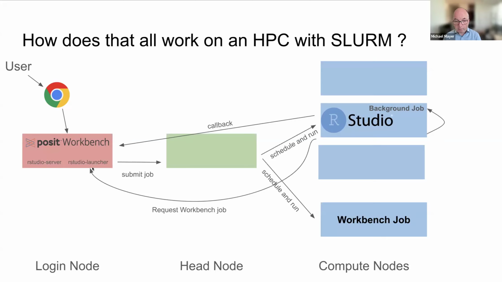And then the whole thing happens from the start. After the request is sent, the launcher will convert it into a Slurm compatible request, submit a job, and it will eventually schedule and run, quite likely on a different compute node.